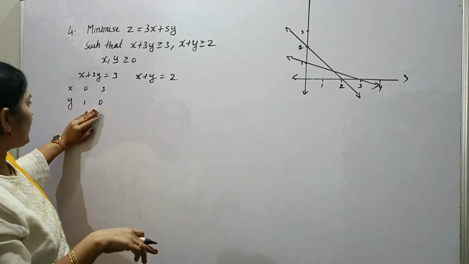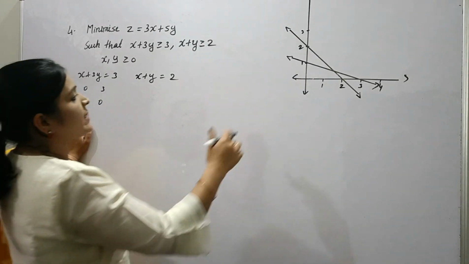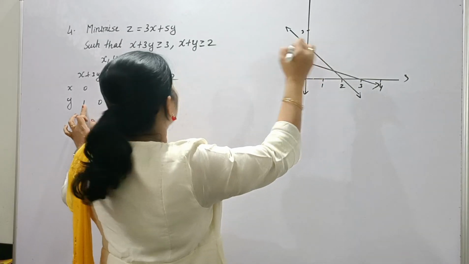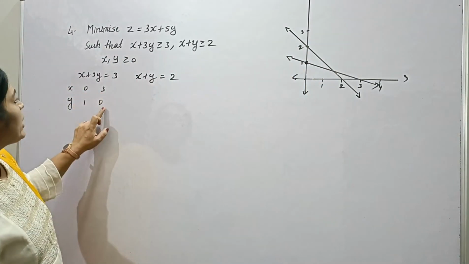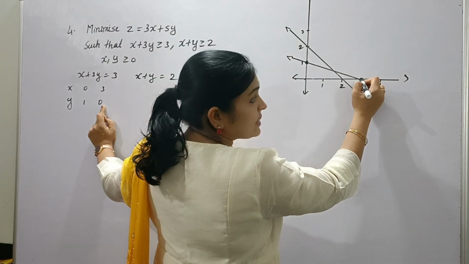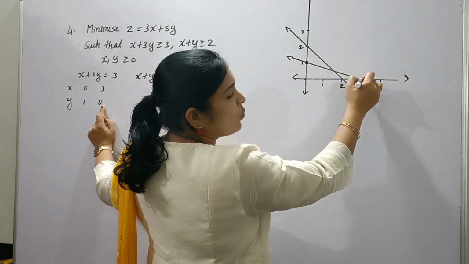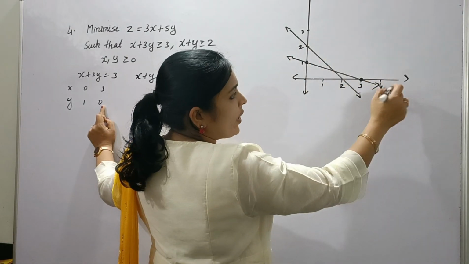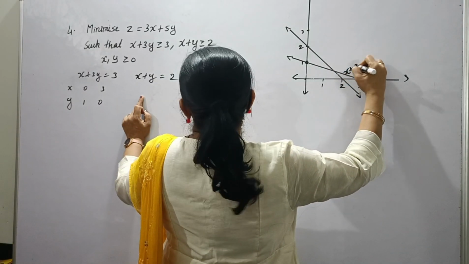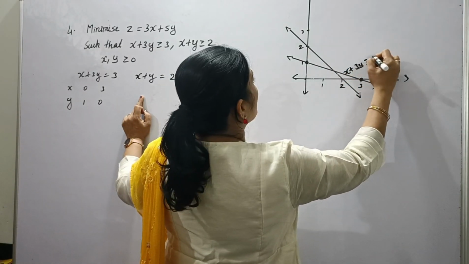So now let's plot the points. It is the point 0, 1. And when x is equal to 3, y is equal to 0, it is the point 3, 0. Join these points. So it is the line x plus 3y greater than or equal to 3.